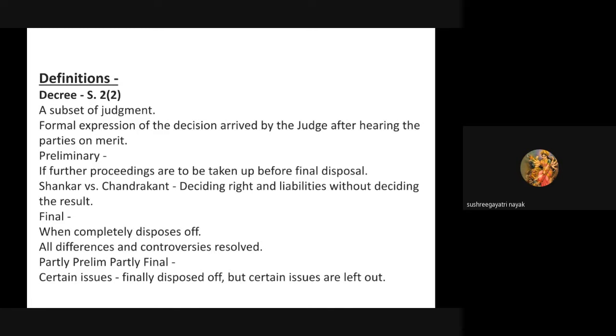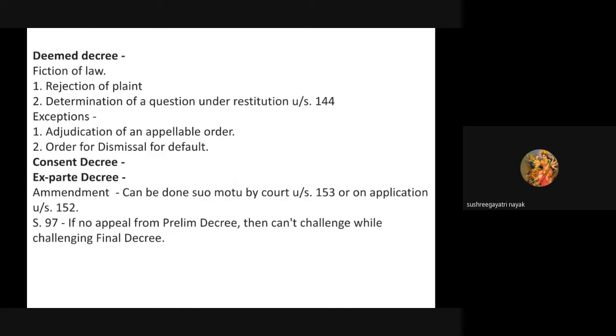But these two, the rejection of plaint and the determination of a question under Section 144, though they do not fulfill the criteria of a decree, will be treated as decrees because law says so.